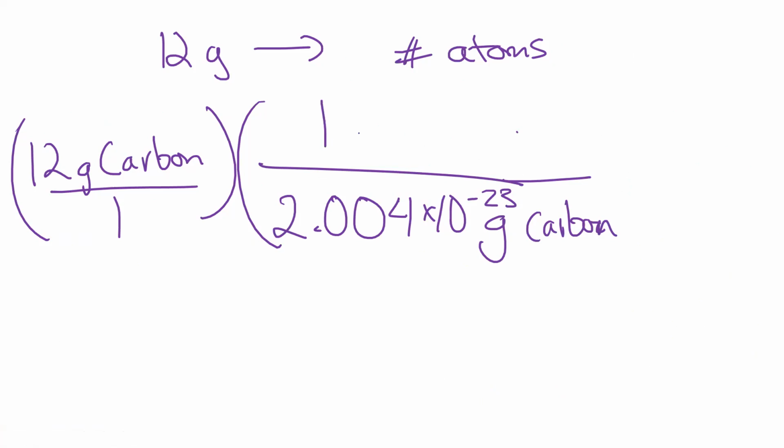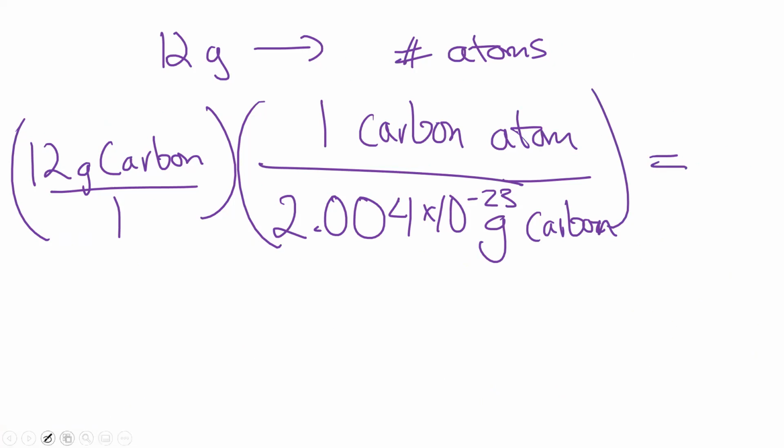And then on top, 1 carbon atom, like so. So literally what I'm going to do is divide 12 by that conversion factor I found. The double check comes from units of grams of carbon canceling.